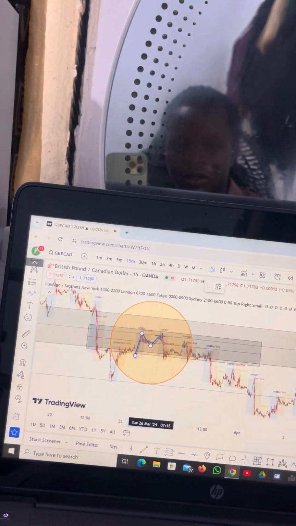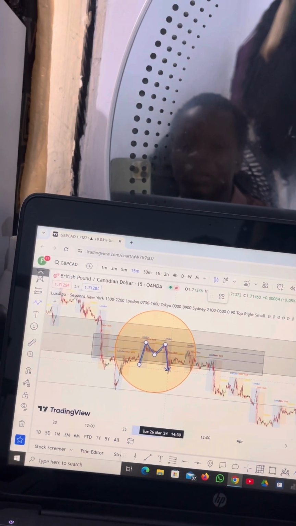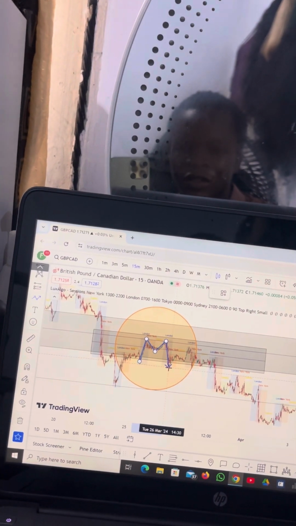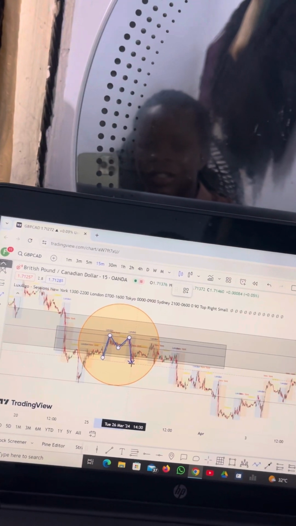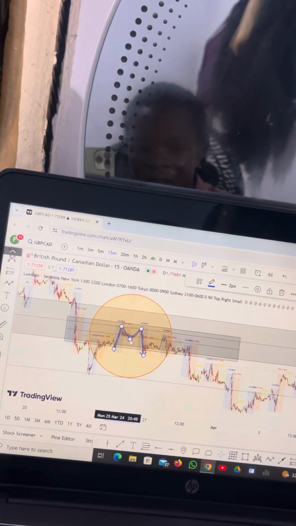So here you see this place gave me an M pattern. You can see it, right? When you see this form, what comes to your mind is an M pattern. So in my 15 minutes time frame, it gave me that.